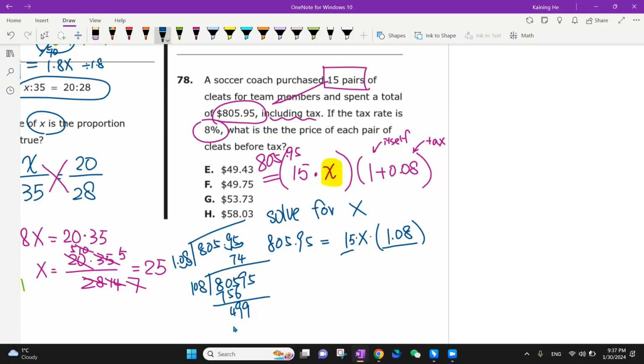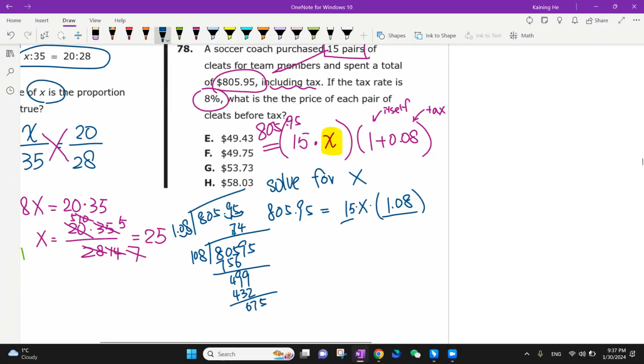Now, 4 is going to be 432. Okay, and now I'm left with 67. I'm going to move down a 5 because 67 doesn't fit 108 with division, so I'm going to keep moving. Let's see. I'm going to have 6. Let's try it out. 6, and then 48. I'm left with 7 and a 2.